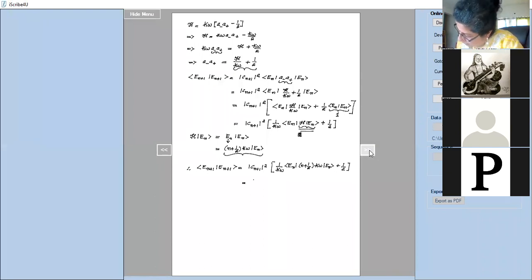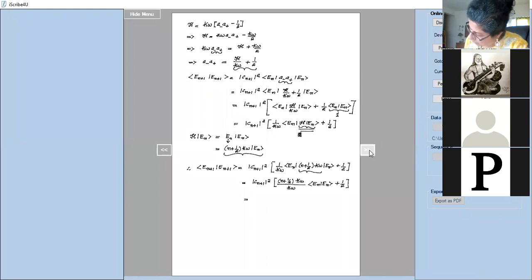So this is going to be now mod Cn+1 the whole squared. I'm taking too many steps, but it doesn't matter. This is now just a number, right? So I can take it out. So I can have over here (n plus half) h cross omega divided by h cross omega, and then I'll have <En|En> plus half.